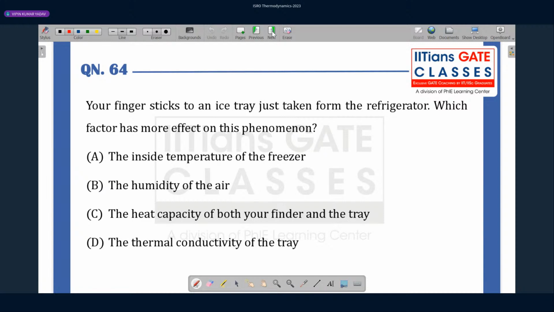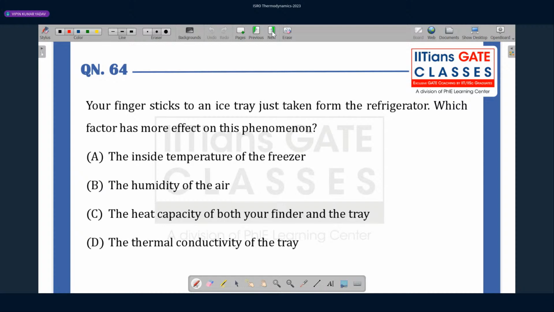So do you know what is the concept that comes into play? Quickly tell me.